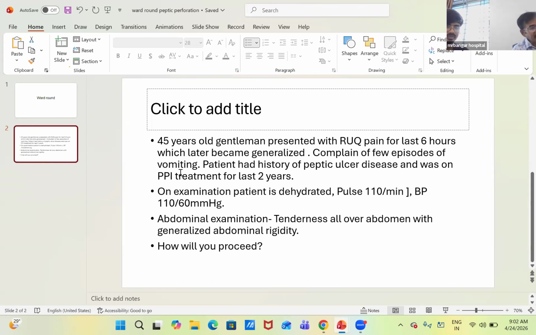Madam, another scenario is a large perforation, a large 2 centimeter perforation. It is very difficult to oppose this by simple suturing. So if it is a large perforation, then what will you do? The 2 centimeter perforation.